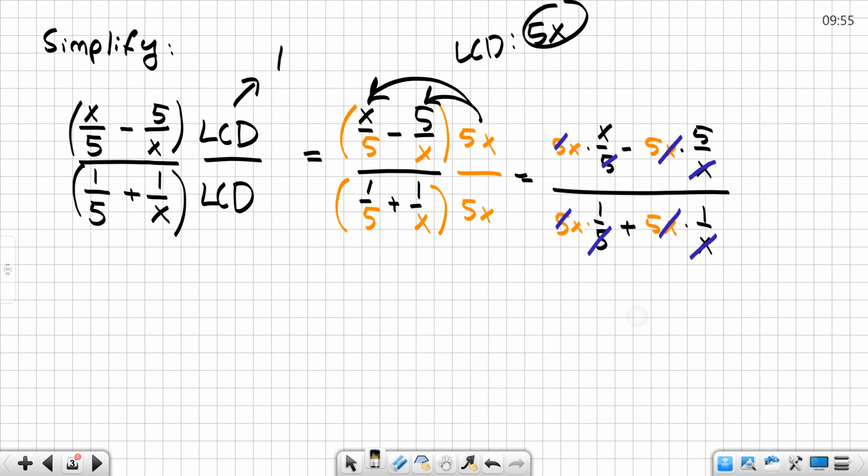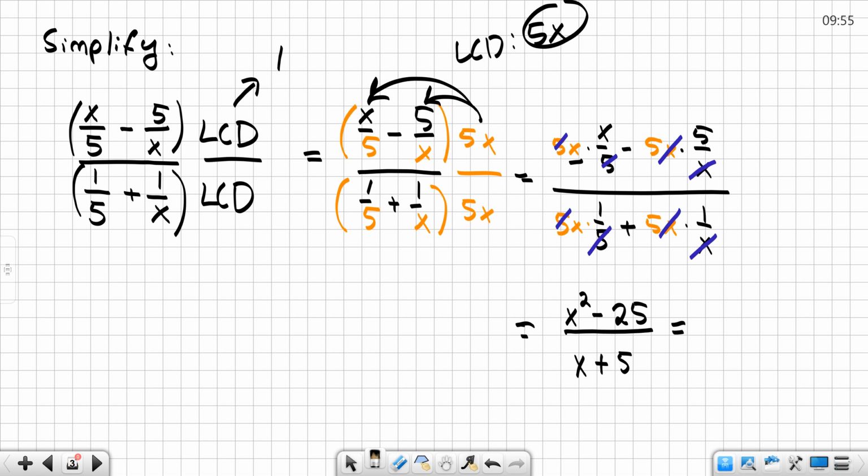And if I now just write down what is left, then I'm going to get x times x is x squared minus 5 times 5 is 25, divided by, well, the 5 cancels out, x times 1 is x, plus x cancels out, 5. So in one cleanup move, I have turned this complex rational fraction into a simple fraction.